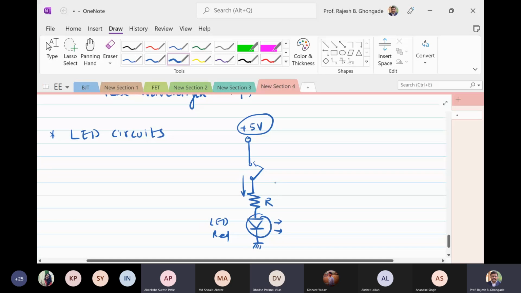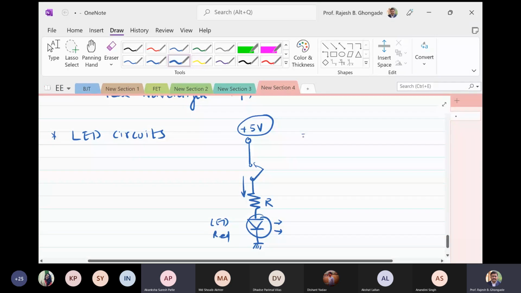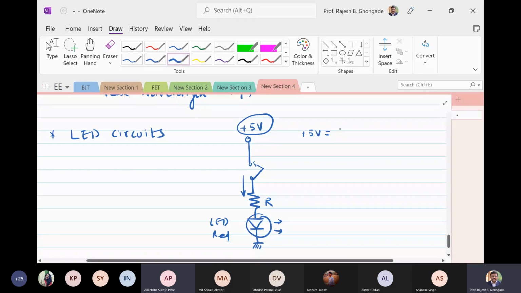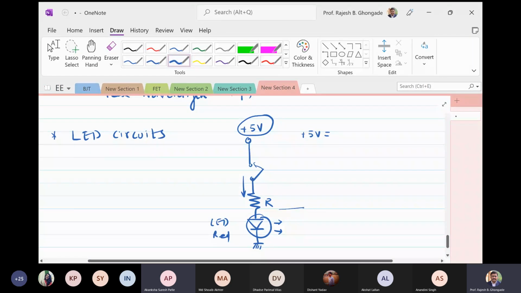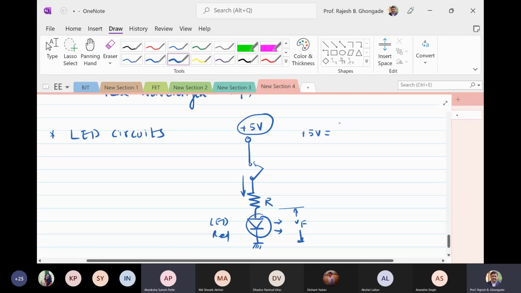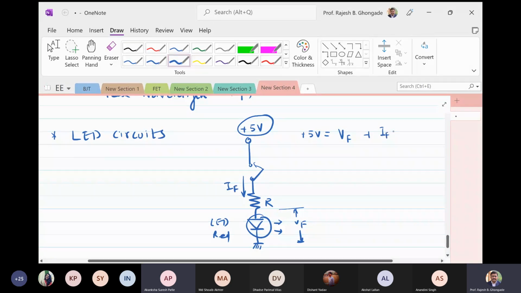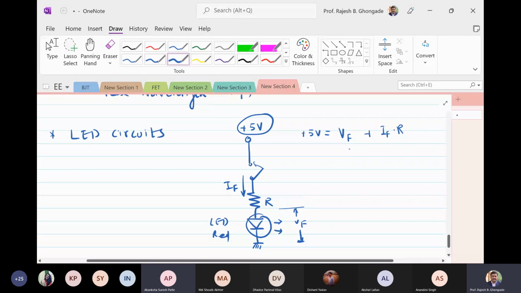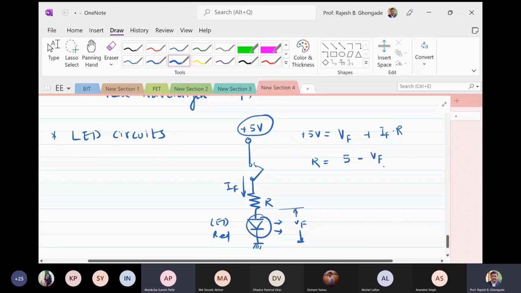I'm going to write down an equation using KVL. The plus 5 volts is equal to the voltage across the diode, VF, plus I call this IF, into R. So R is going to be 5 minus VF divided by IF.